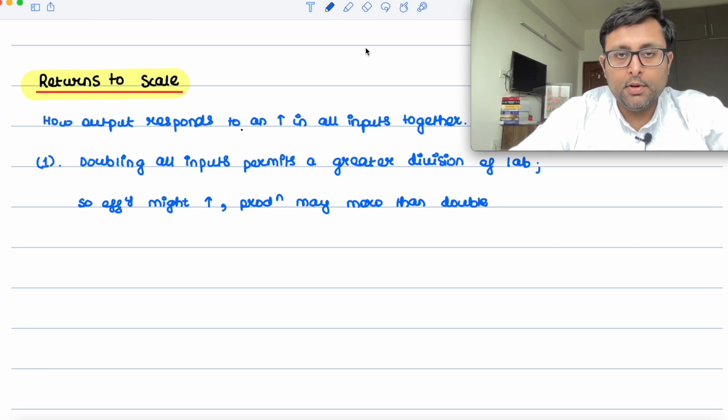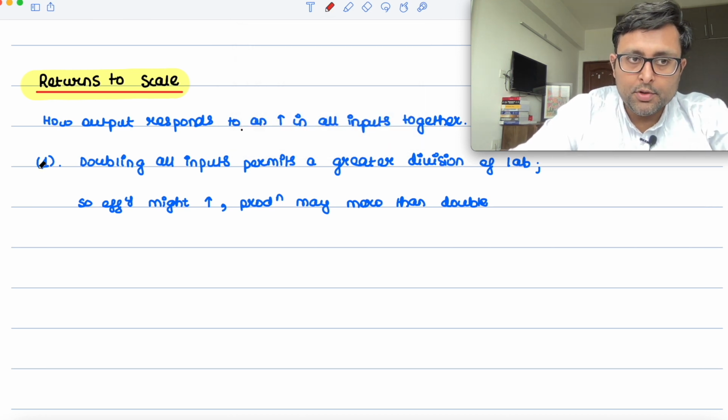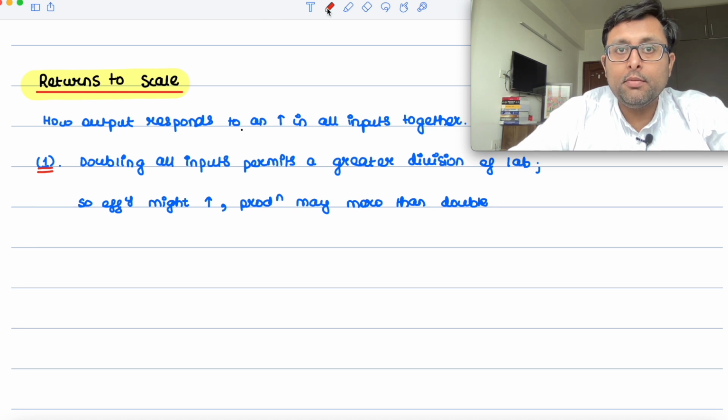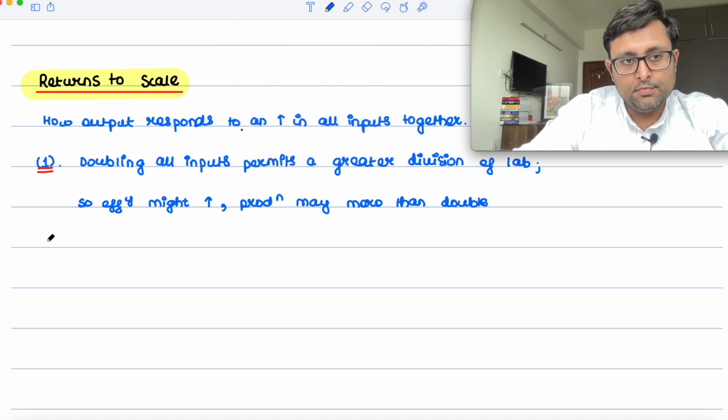Production may more than double. So you have doubled the inputs, but your output can more than double.